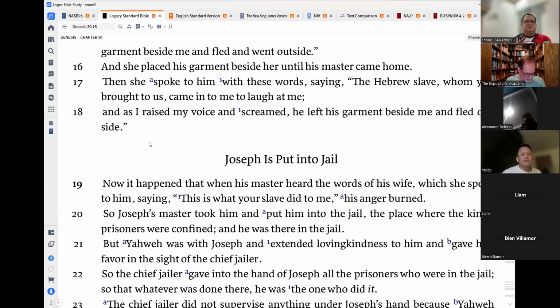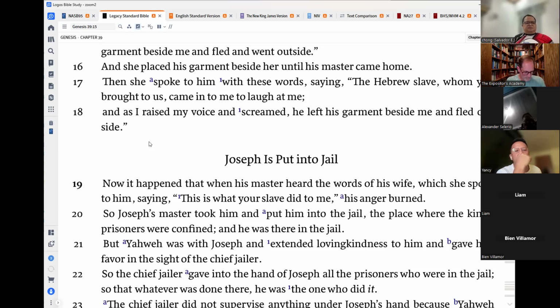And she placed her garments beside her until the master came home. Then she spoke to him with these words, saying, "The Hebrew slaves whom you brought to us came in to me and laughed at me. And as I raised my voice and screamed, he left his garment beside me and fled outside."